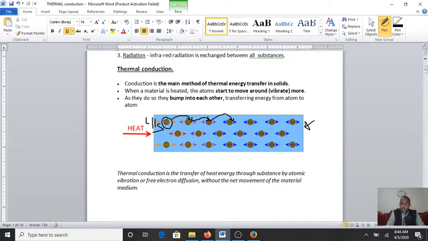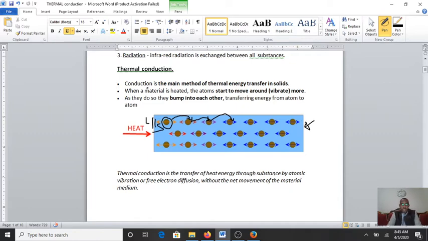Okay, so this is an example of thermal conduction. One molecule gains kinetic energy, collides with the next, transfers some of the kinetic energy to the next. The process continues until the whole object is uniformly heated up.